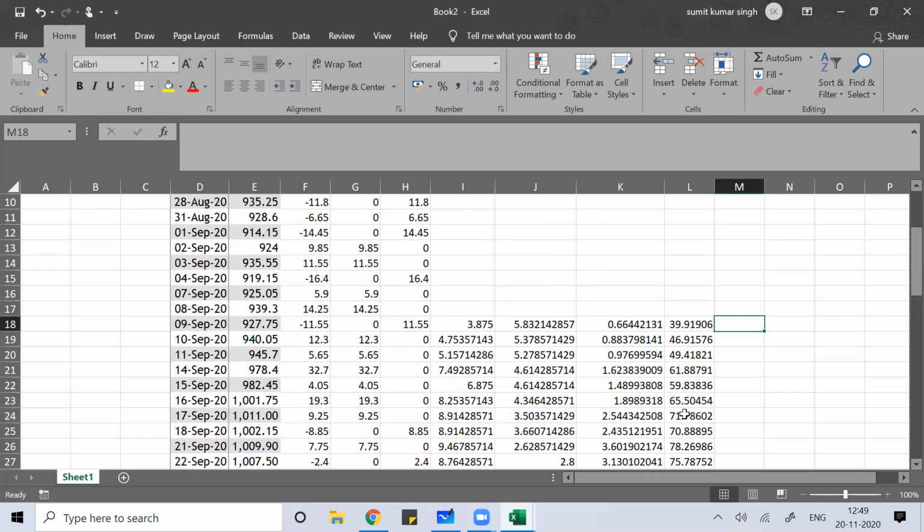Here I can write the function: if this value is more than 70, then it is overbought.